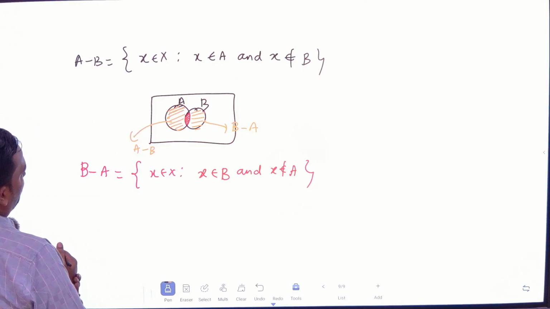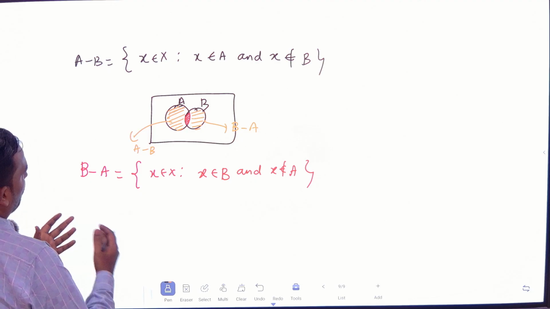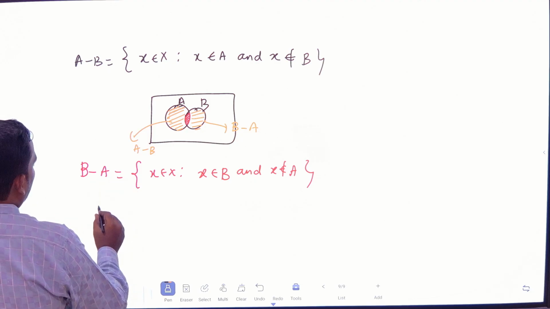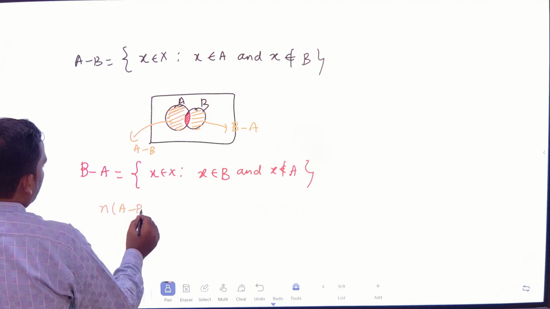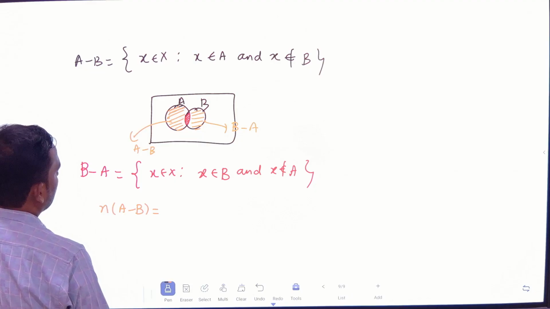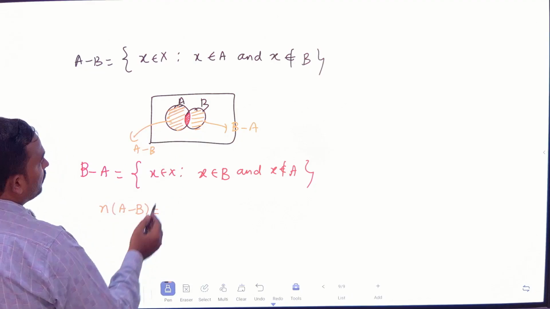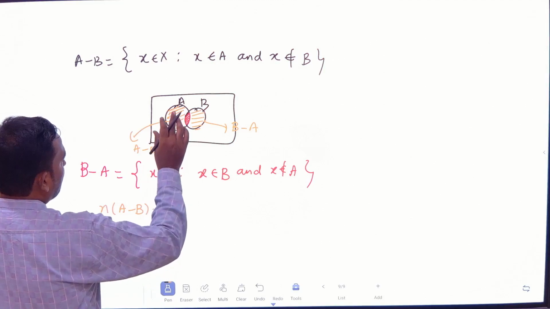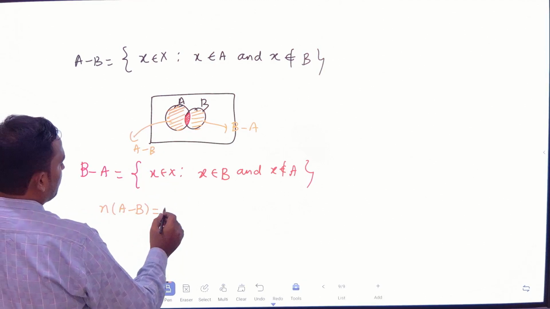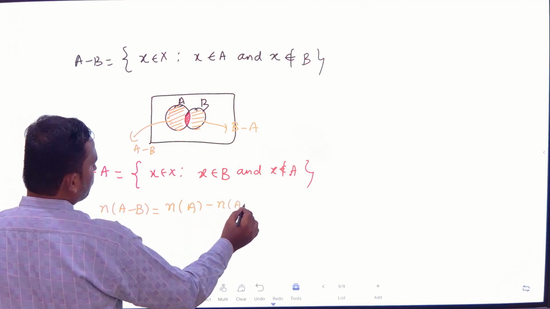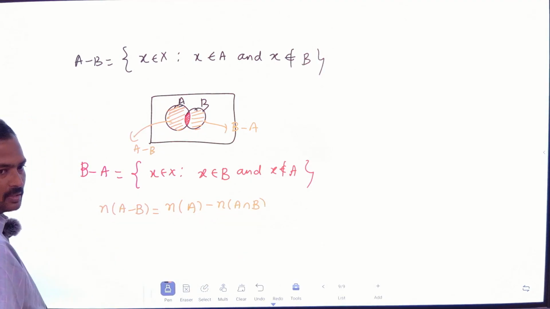Now you can see, students, how to write this one. n of A minus B, how to write? You can see in the screen, whole A, you know that. We need only the A minus B portion. Take whole A and remove n of A intersection B. We can write it equivalently.